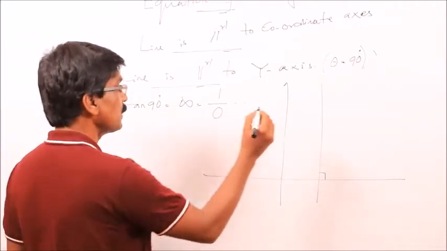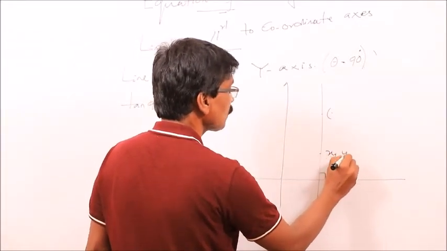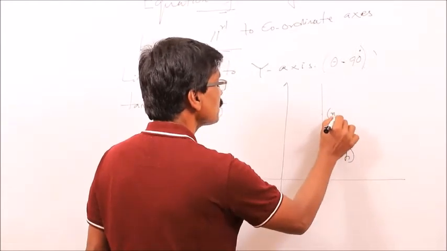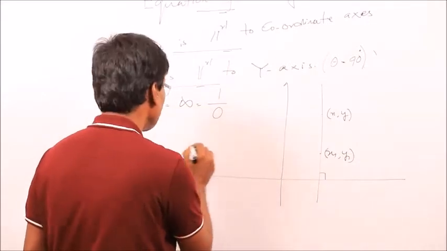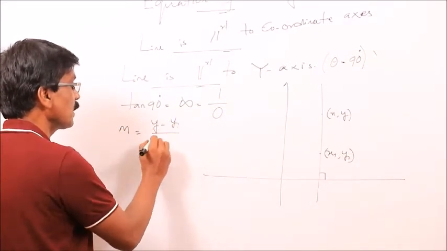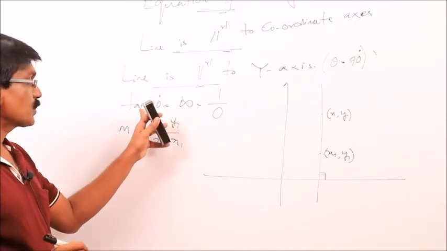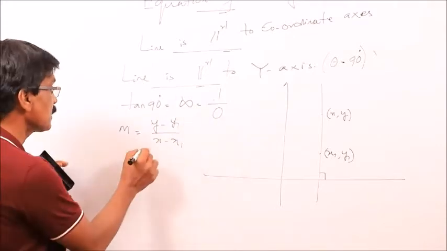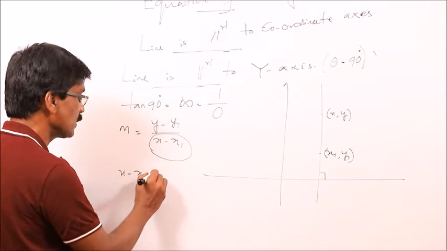So, if a point is x1 y1 and a moving point is xy, the slope of this line is equal to y minus y1 divided by x minus x1. So, since tan 90 is infinite, the denominator term is equal to 0, that is x minus x1 is equal to 0.